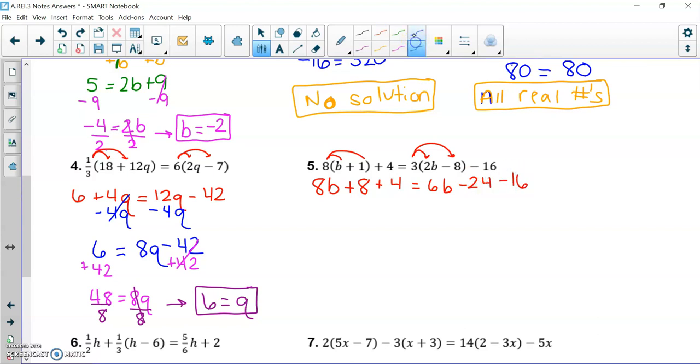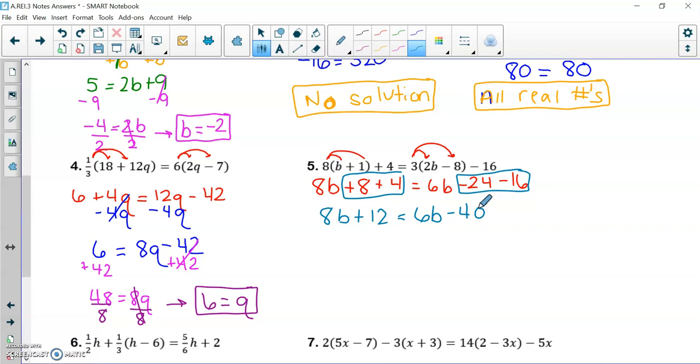So we're actually not done with our simplifying here, because on the left, I can actually do the 8 plus the 4. So I get an 8b plus a 12. And on the right, I can actually do the negative 24 minus the 16, so I get a 6b minus a 40.